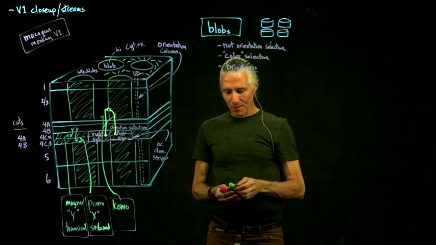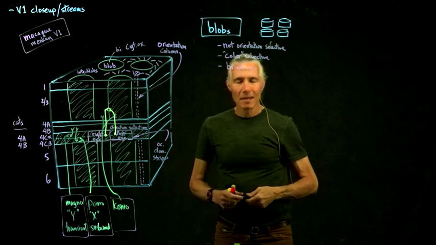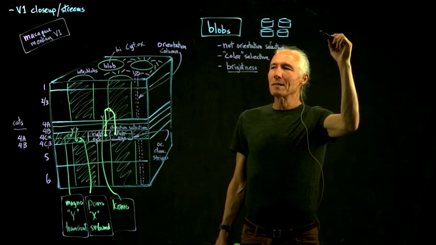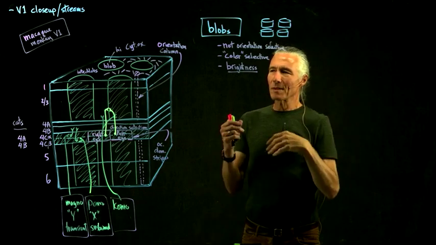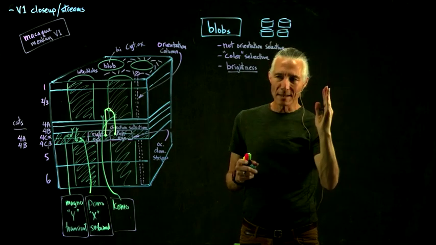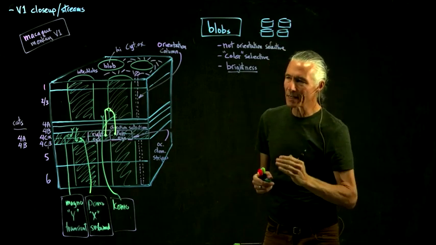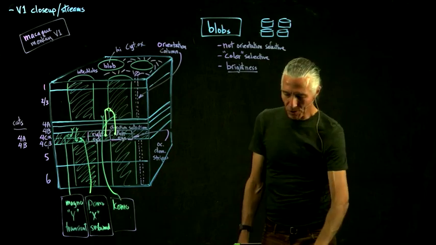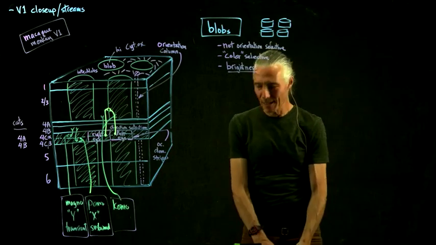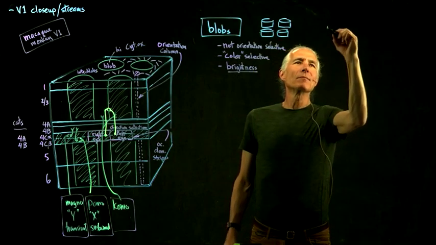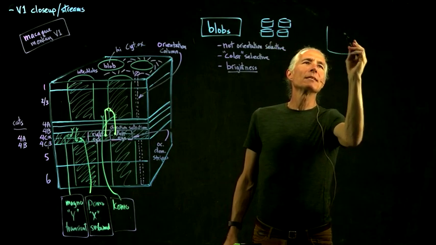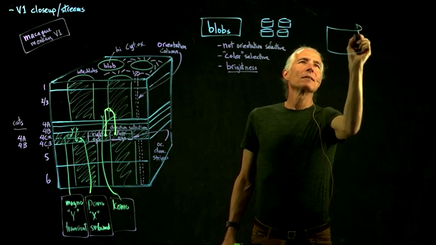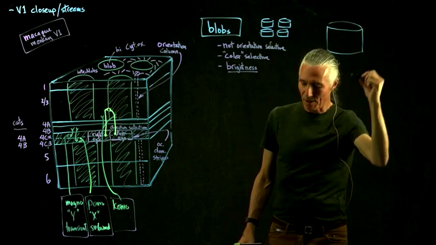Well, we've got orientation, which tells us the orientation of an edge, but we might also just want to ignore orientation. An example of where you might want to ignore orientation is, imagine we have just a simple shape like a cylinder.